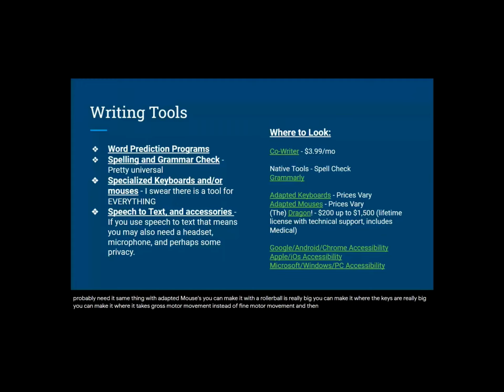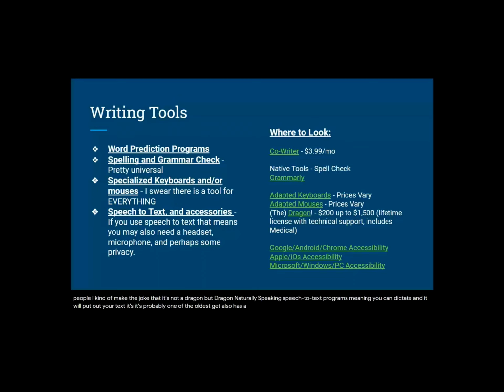And then Dragon, which for assistive technology people, I kind of make the joke that it's the Dragon, but Dragon Naturally Speaking is probably one of the older speech to text programs, meaning you can dictate and it will put out your text. It's probably one of the oldest.